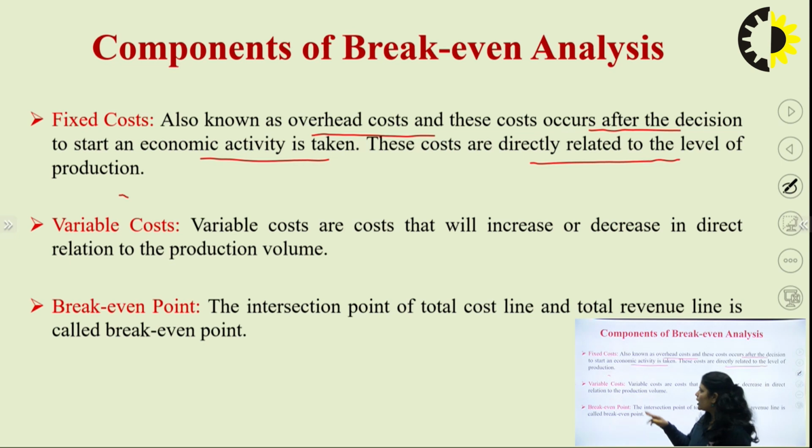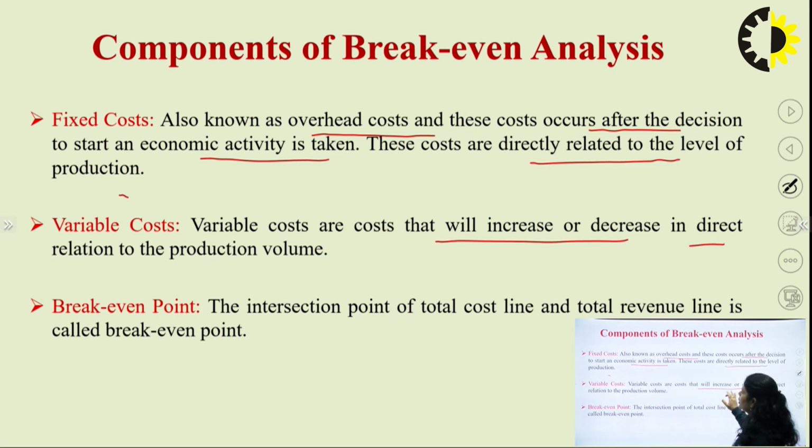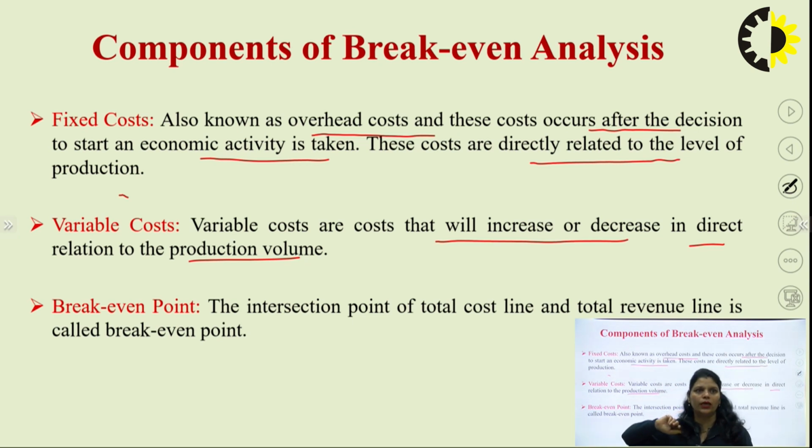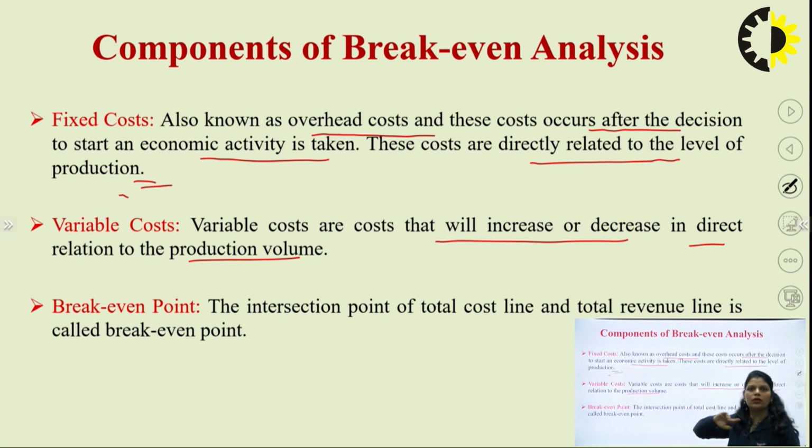Then we have the variable cost. Variable cost is basically the cost that will increase or decrease in relation to production volume. In case of the fixed cost, they will remain fixed. They are related to the level of production, not the production volume. The variable cost will be directly related to production volume.